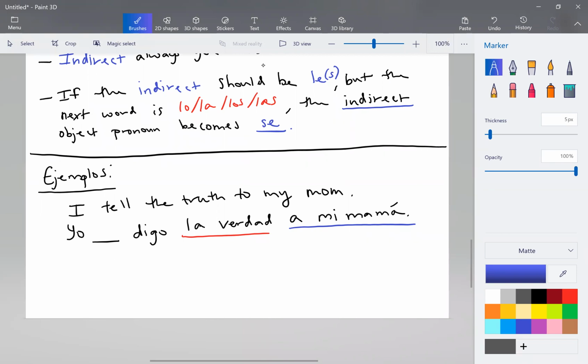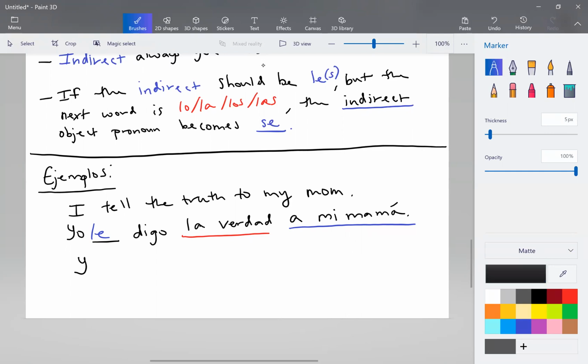What object pronoun would go in this line before digo? It's going to be a blue word. Le, because we're saying I tell her the truth, her being my mom. Now we're going to rewrite this sentence.